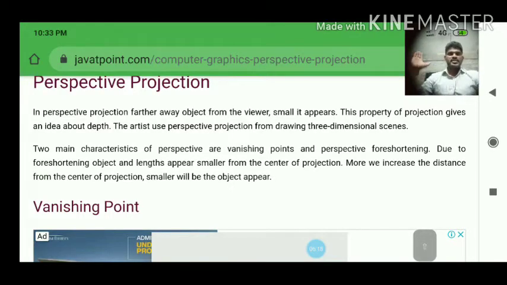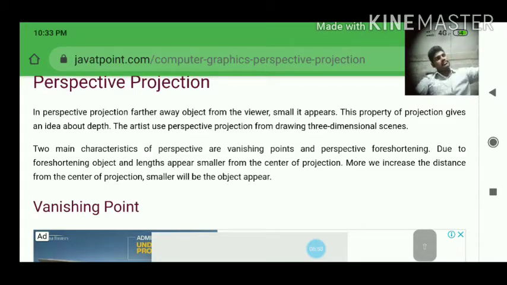The place where he is standing is called the center point. The object is there at its actual distance. Now this person wants to observe that object and draw its image on a screen in a two-dimensional form.